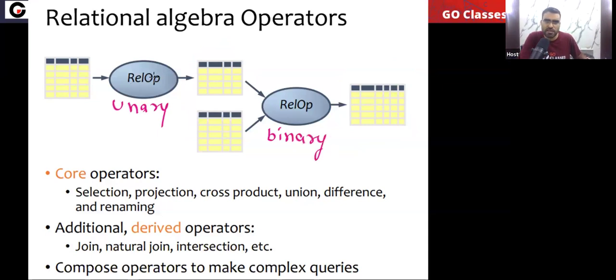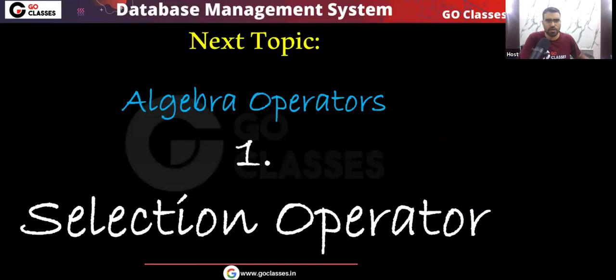Remember the basic operators: selection, projection, cross product, union, difference, renaming. These are the six basic operators. And these are the additional derived operators, like join, natural join, intersection, division, and so on.